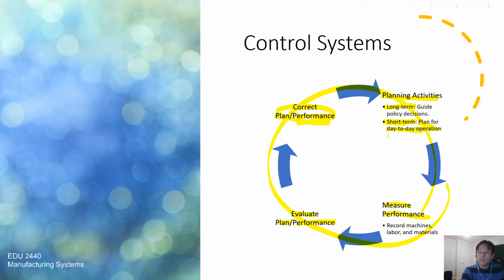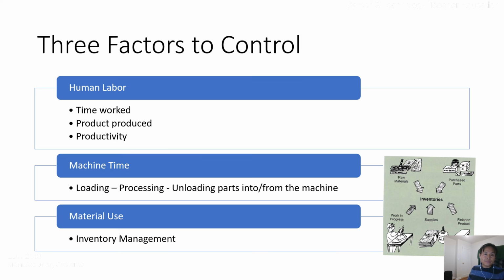So day-to-day, A person is doing A task, a B person is doing B task, for example. And then to measure performance, we record the machine, labor, or materials. Also the same to evaluate: we need to evaluate machine, labor, and materials. And then once we find the point we need to improve, we take actions that correct the plan or performance.